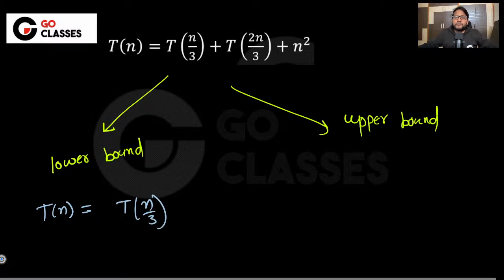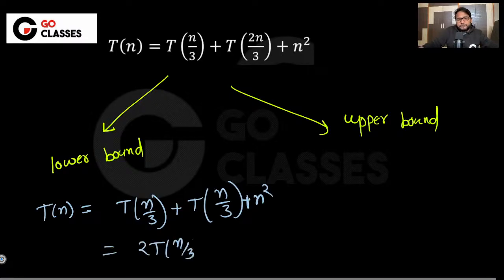See here, which one is greater? I think this is greater, right? Because this is 2 into n by 3. So let's suppose I write this also as n by 3. I'm doing the lesser work, which means 2T n by 3 plus n square.